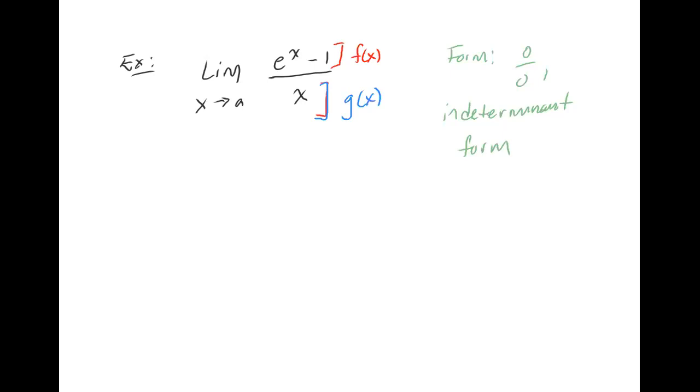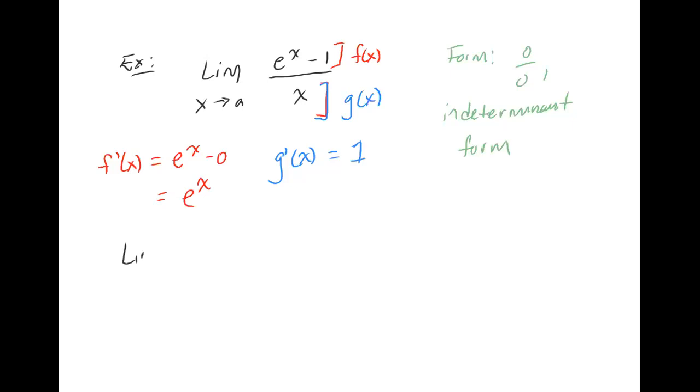So let's find this. If f of x is equal to e to the x minus 1, then f prime of x is equal to the derivative of e to the x, which is e to the x, minus 0, because that's the derivative of 1, which is just e to the x. And if g of x is x, then g prime of x is equal to 1. Okay, so I have the parts. Let's apply L'Hopital's rule.